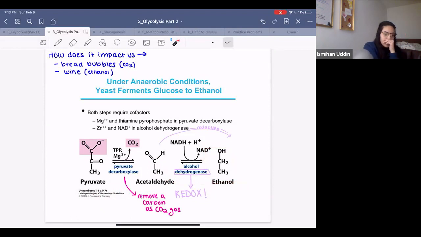Again, we see magnesium in pyruvate decarboxylase, and zinc and NAD in the dehydrogenase.